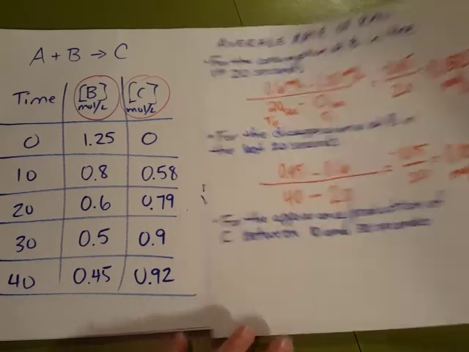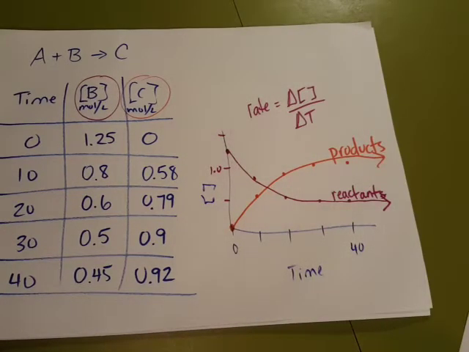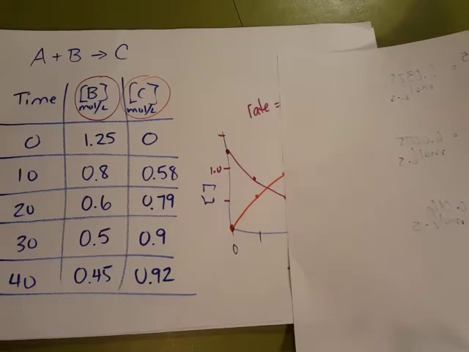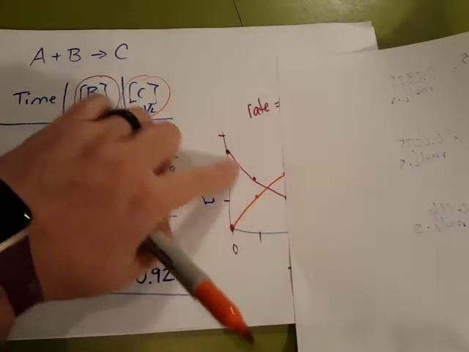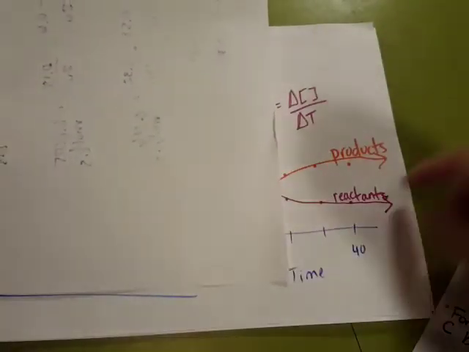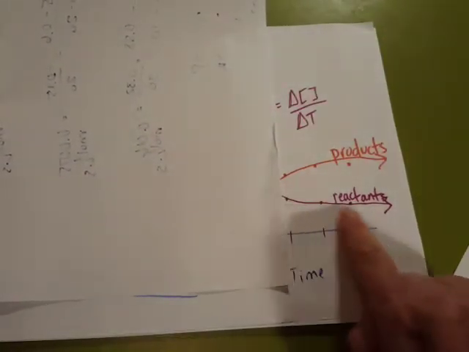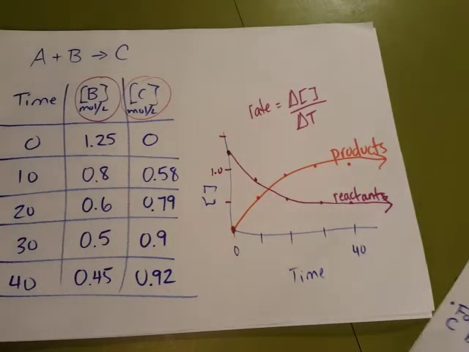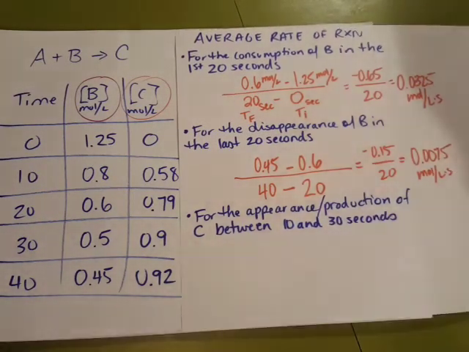And if I just remove this and go back to this, so we're talking about this interval here. So the first 20 seconds is like this. Wow, there's been a lot of change. And then in the second 20 seconds, there hasn't been a whole lot of change, it sort of petered off. And so that's where we see that change in rate.